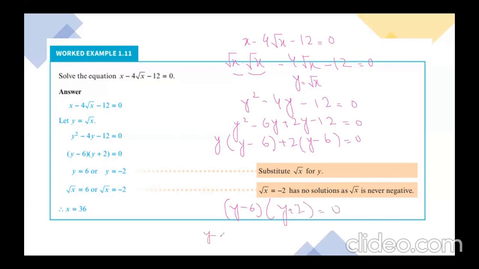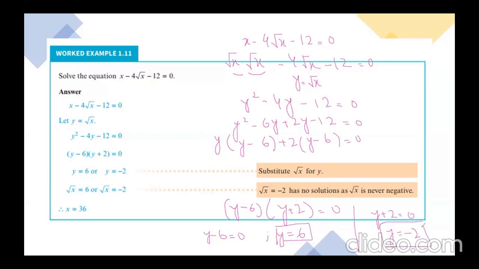So y minus 6 equals 0. This shows that y equals 6, and y plus 2 equals 0. This must be y equals minus 2. Okay.